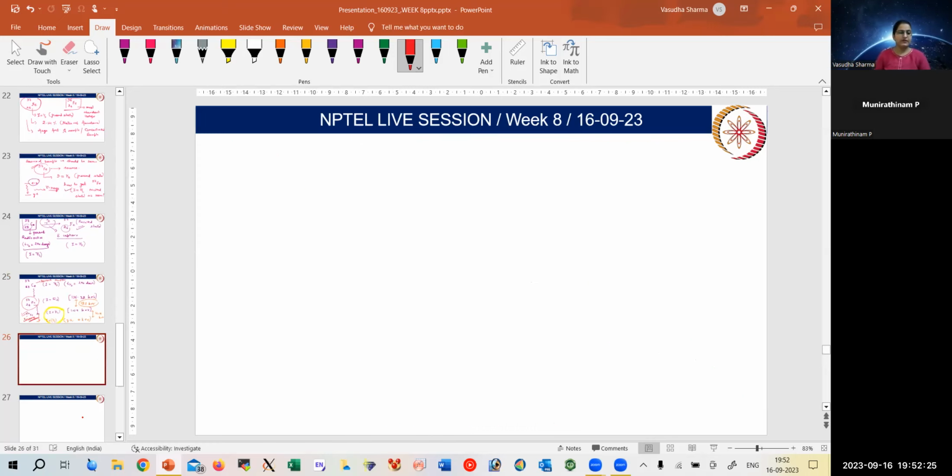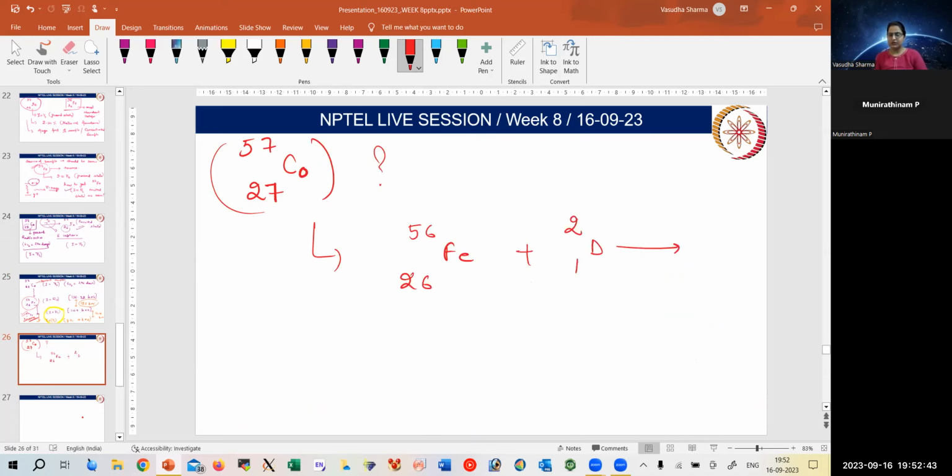Now the question is, how do we get this particular system? From where did we get that radioactive material? This also comes from 56 iron 26. When we bombard it with deuterium, it goes to 57 cobalt 27 plus a neutron.